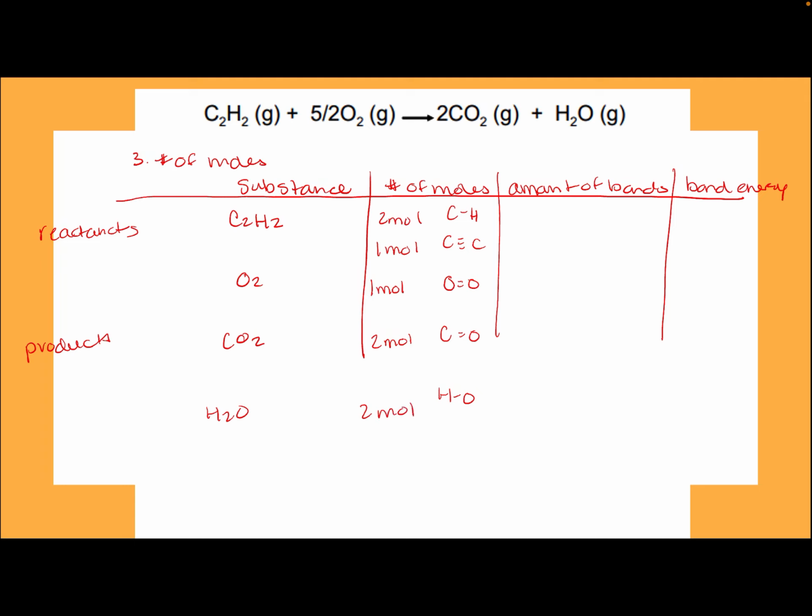Okay, now the amount of bonds, we have 2 moles and then 1 mole. For the O2, that's 5/2 moles. Okay, and that came from our equation. Then we have 4 moles for CO2, and then we have 2 moles. Okay, and that's how we make sure that it is properly balanced.